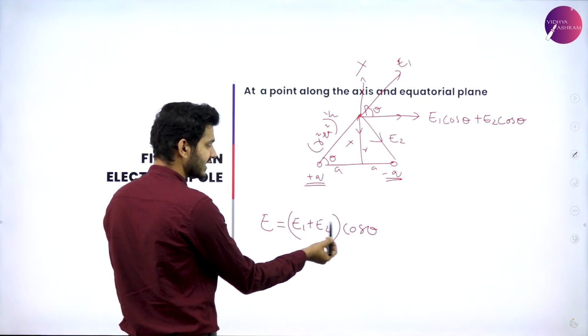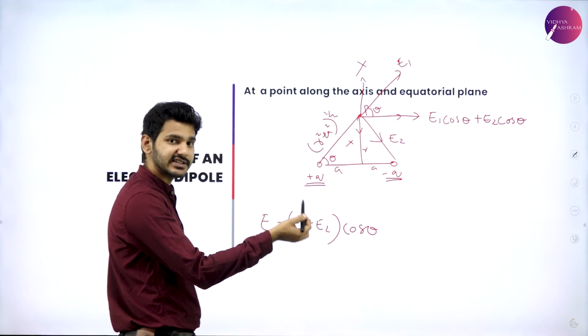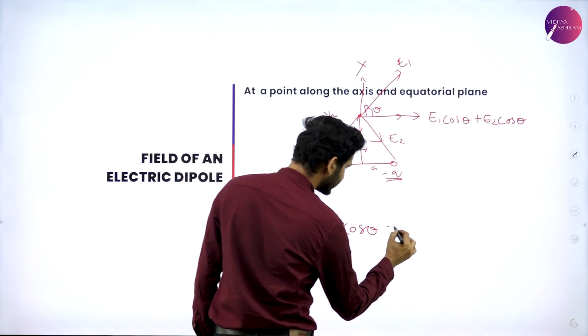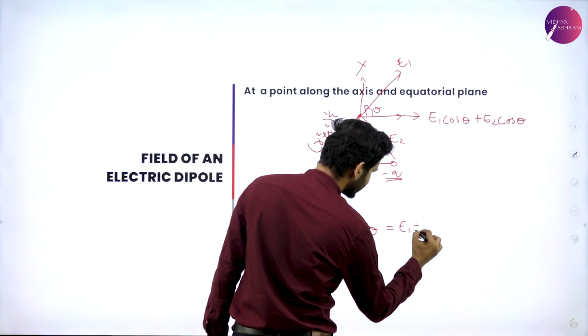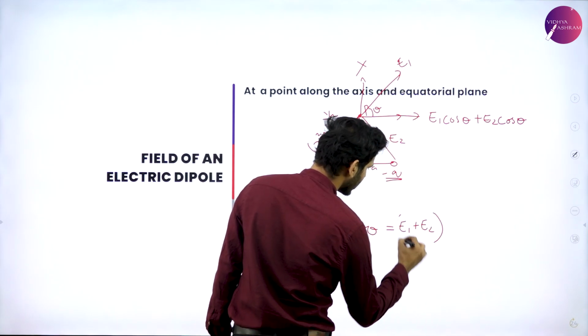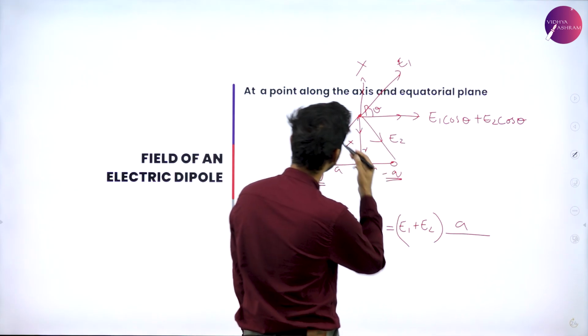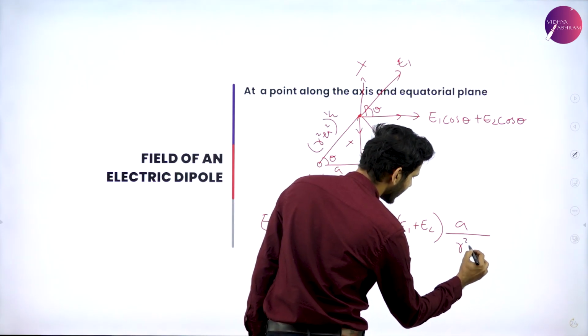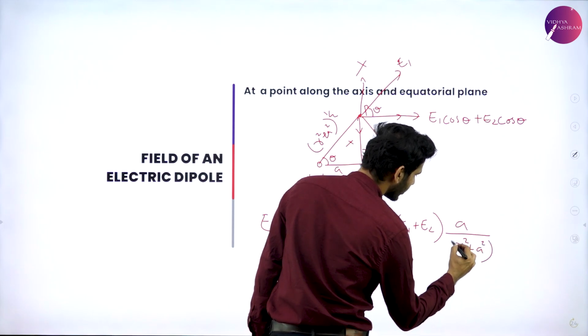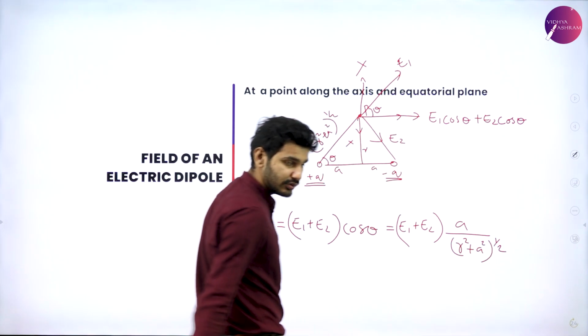And we know that cos theta is nothing but adjacent side by hypotenuse. So we found this to be E1 plus E2 whole into adjacent side, which is a, divided by hypotenuse, which we found to be r square plus a square whole raised to 1 by 2.